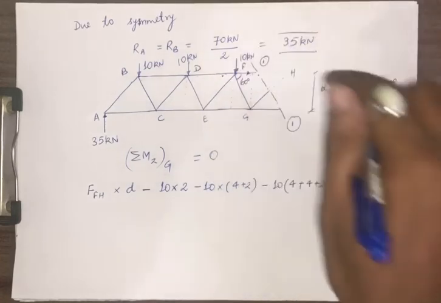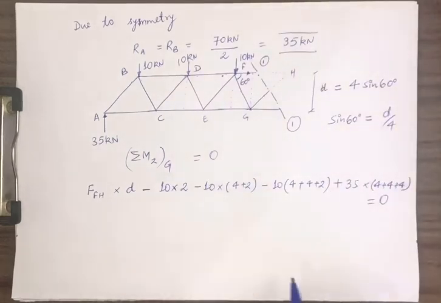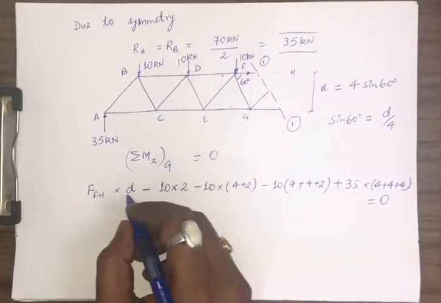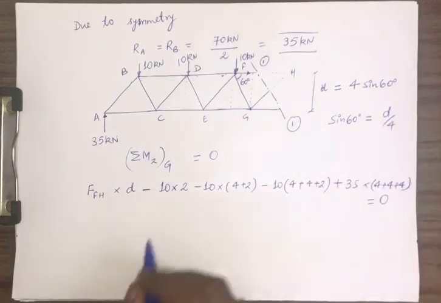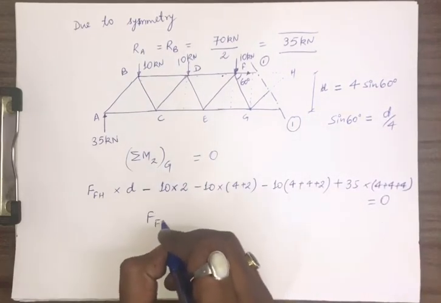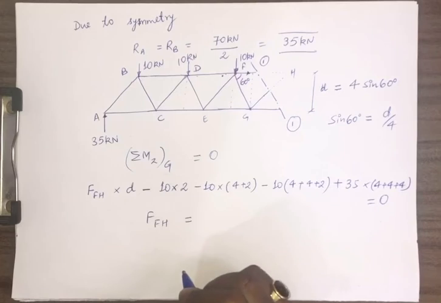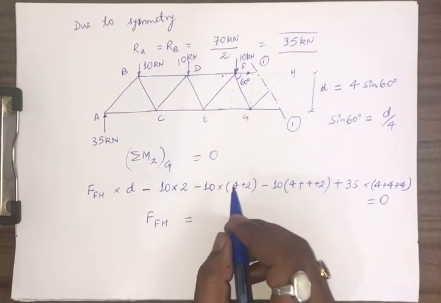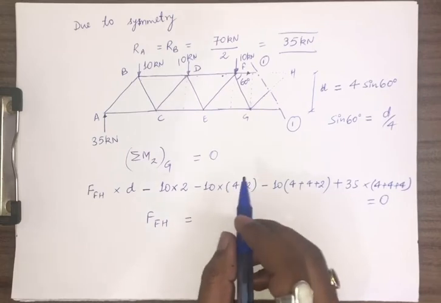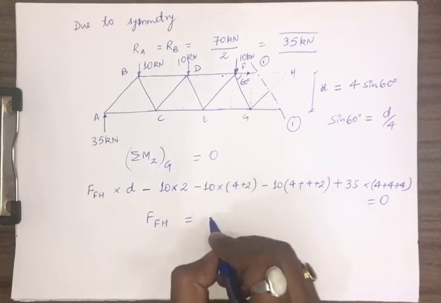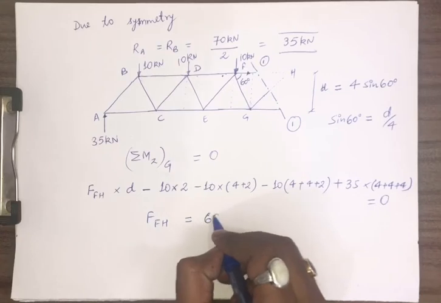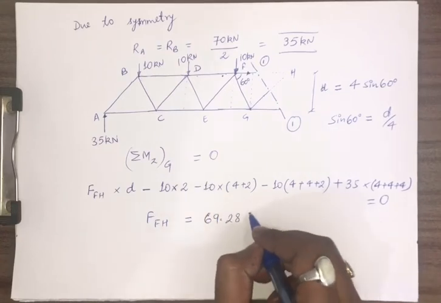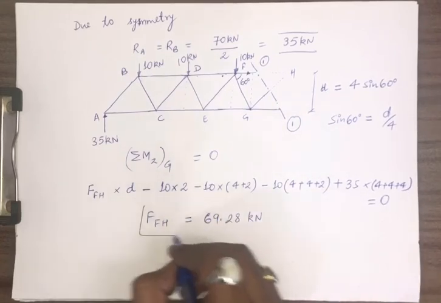This is d, this is 4, so d is 4 sine 60. So just put the value of d as 4 sine 60, you will be getting force F_H coming out to be 69.28 kilo Newton.